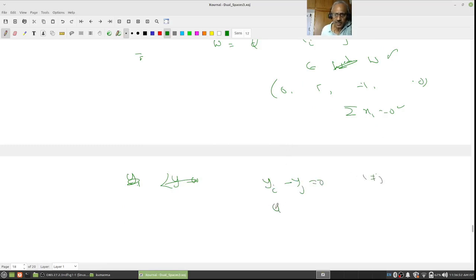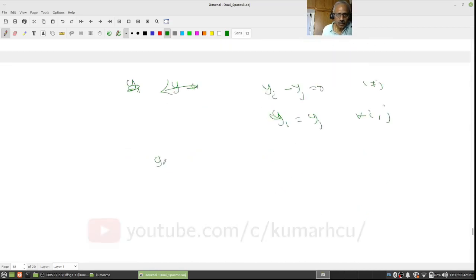That means all my y_i's are equal. Therefore my (y1, y2, ..., yn) is some constant c times (1, 1, ..., 1). That is, my W perp is R times (e1 plus e2 plus ... plus en).